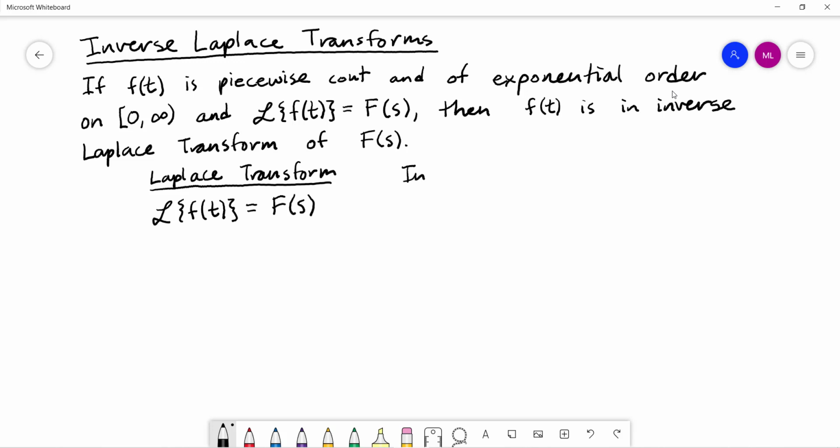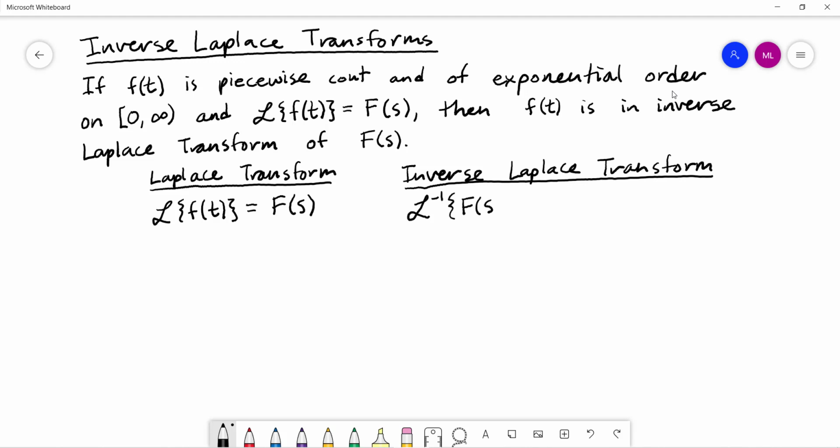Then the inverse Laplace transform will look like the inverse of that. The notation we'll use is an L again, but now with an inverse symbol. And we're going to apply that to the capital F of s, and it will spit out f of t.